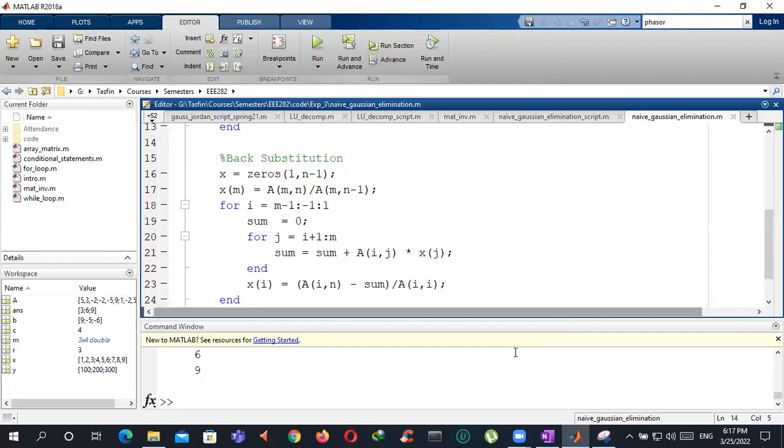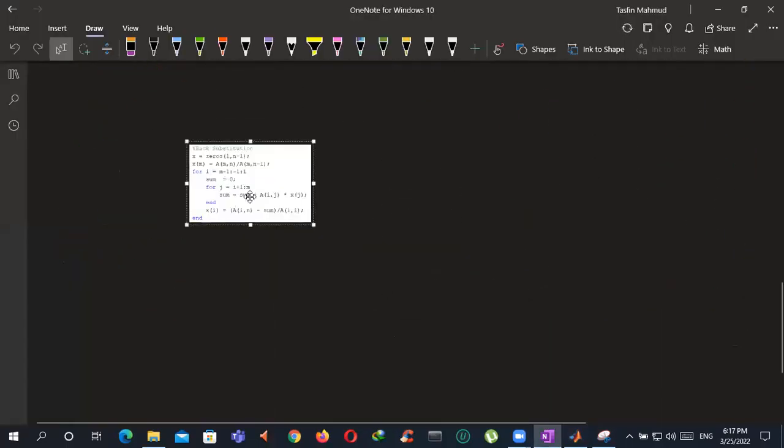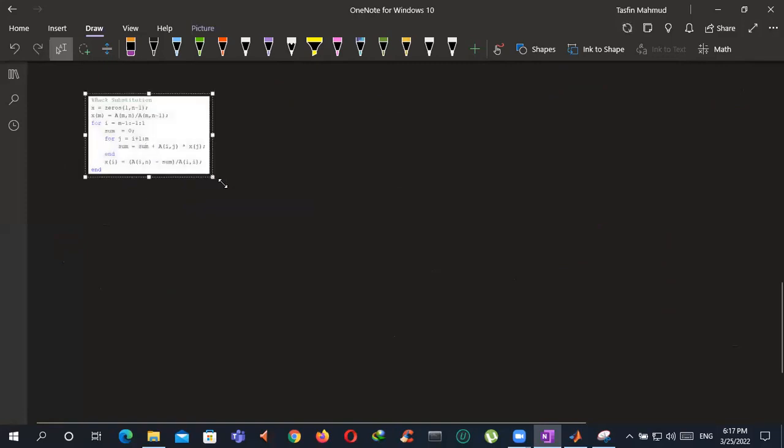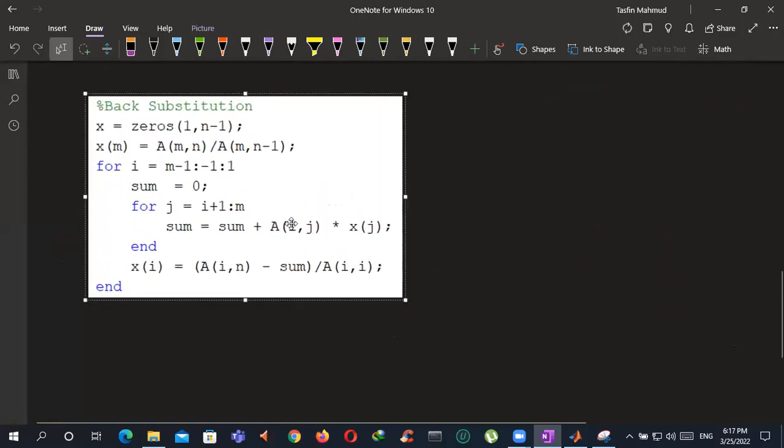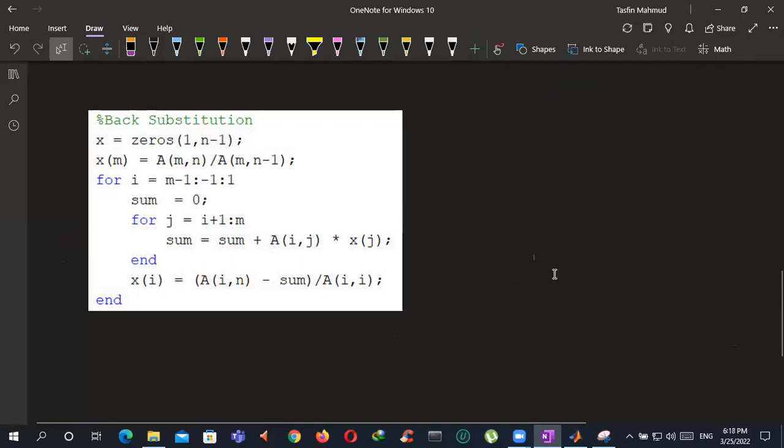So just keep up with me for some more minutes. So this is the backward substitution portion. For the backward substitution part, first we are introducing the X matrix or the X vector initialized with zeros.